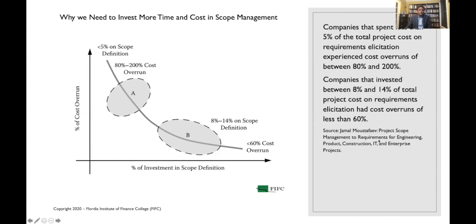On the other side, companies that invested between 8 to 14% of their total project cost on requirement collection had a cost overrun of less than 60%.